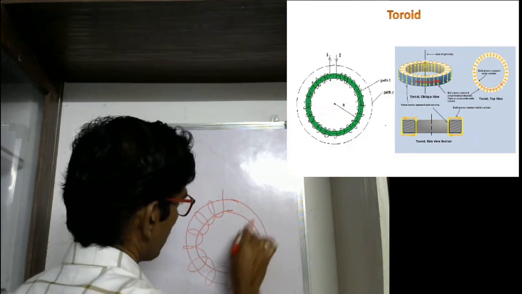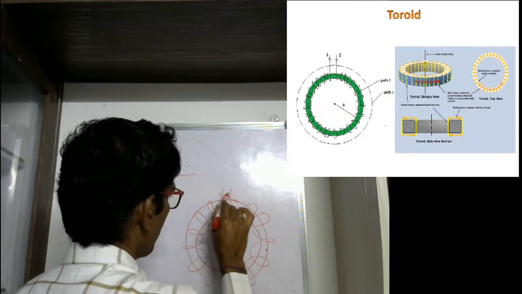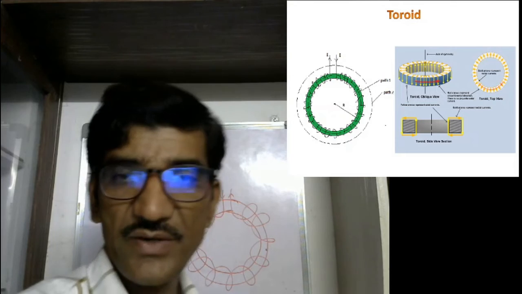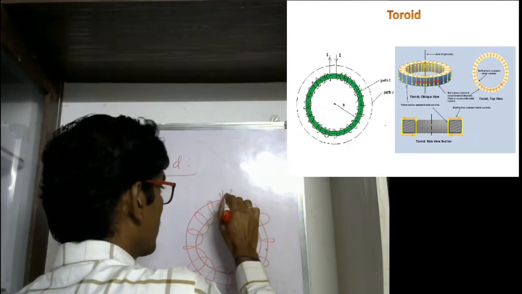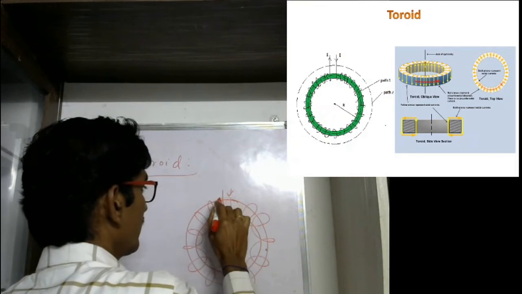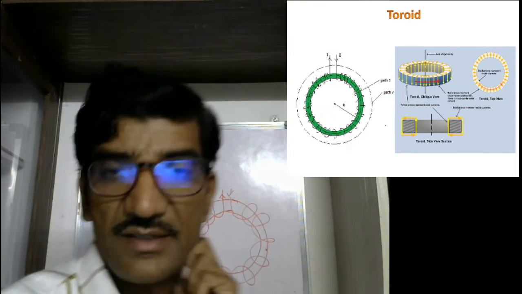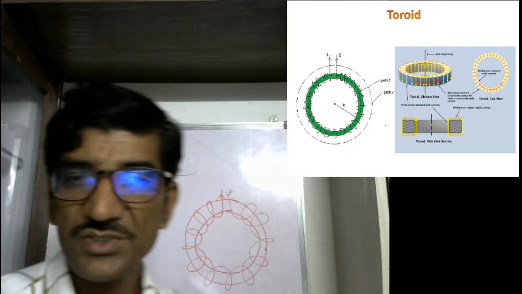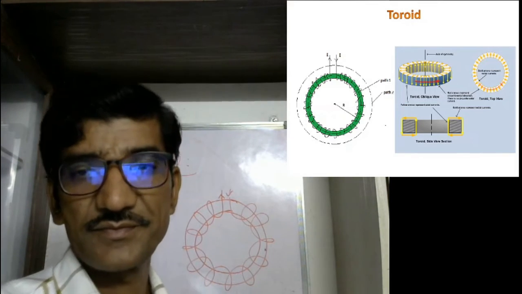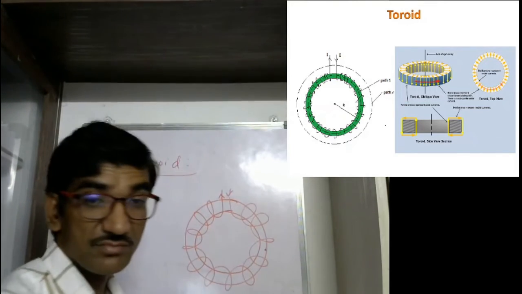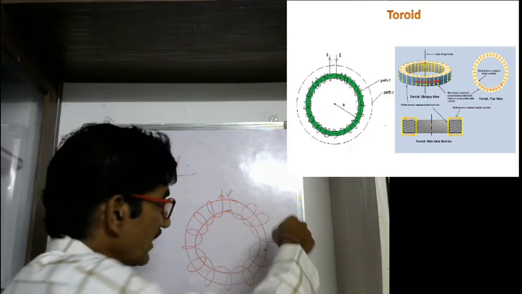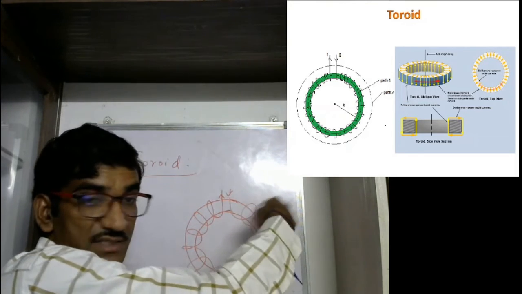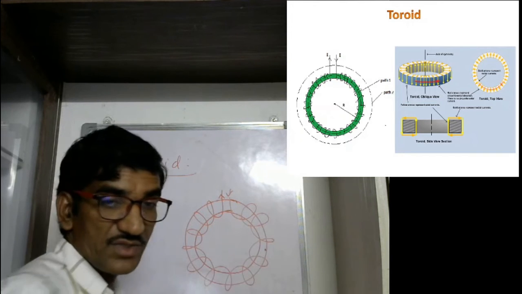Here you have turns of the wire like this, coming in, coming out. The current is coming in, whatever direction you take, coming in and coming out. Here you have to use your right hand thumb rule. Here you have circular field lines like this everywhere around this wire.